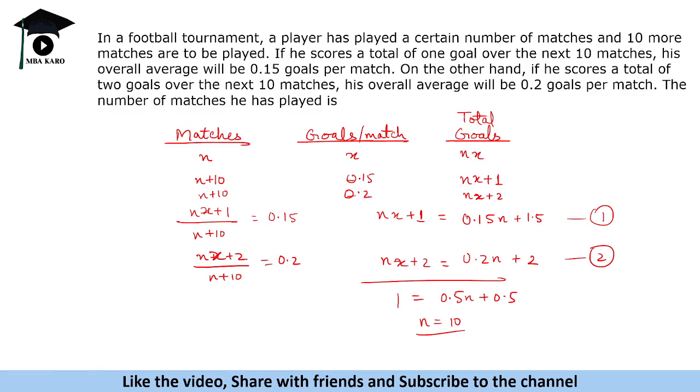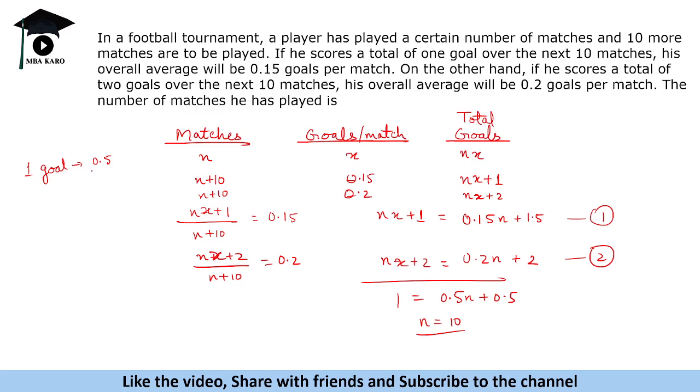Another way to think about it is, if he scores one more goal, one goal can change his average by 0.05, right? So that means one goal is increasing his average over 10 matches.